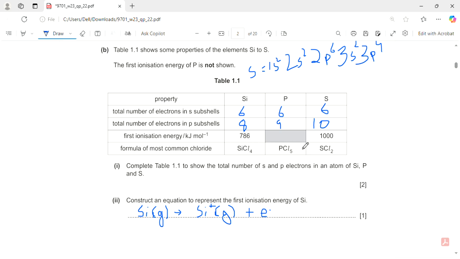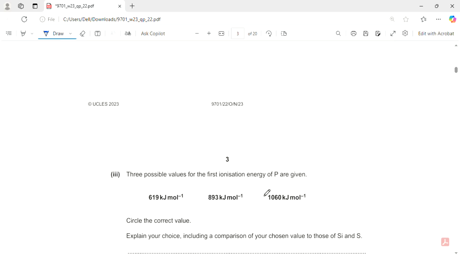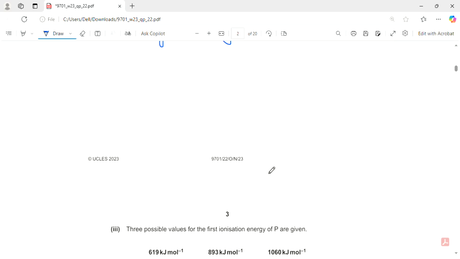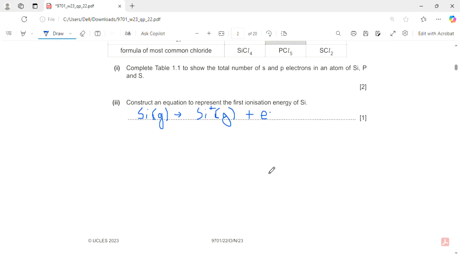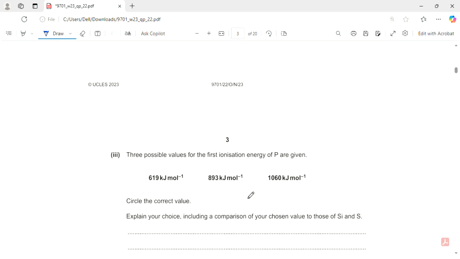It must be greater than 786 and smaller than 1000. I think this is the choice.